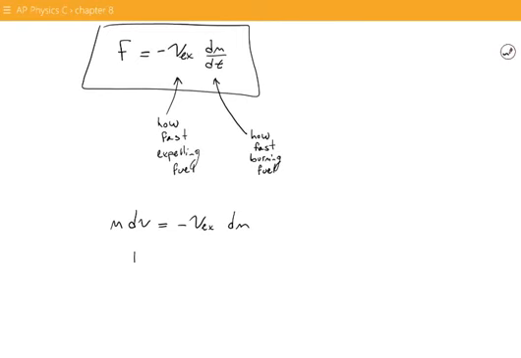And then we can solve for dv, and we'd have dv equals negative velocity of the exhaust dm over m, and we could integrate both sides of that.